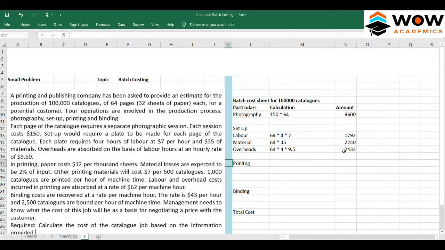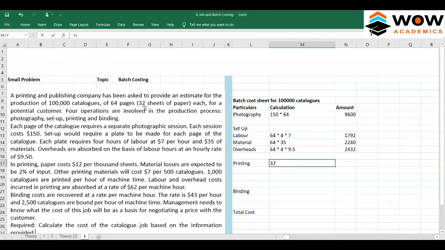Let's go for printing. Paper costs $12 per 1,000 sheets. Here we have to find out the total number of sheets required. He says 32 sheets are required per catalog.